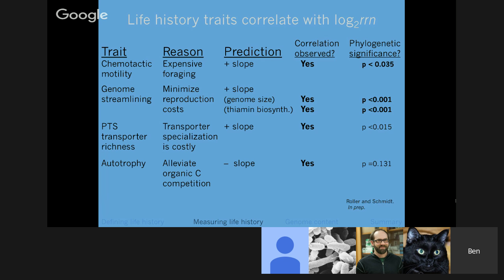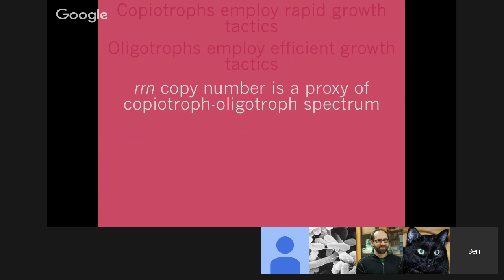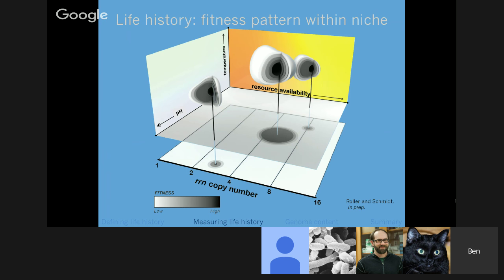So overall, with all the genome data that I showed you so far, I think we have some good evidence that copy number is a proxy for this copiotroph-oligotroph spectrum. Between the physiological and genomic data, we're seeing this relationship hold up. And ultimately, where an organism might lie within its niche could be predictable by the ribosomal RNA operon copy number in its genome.